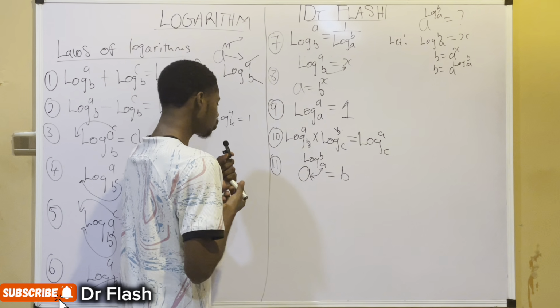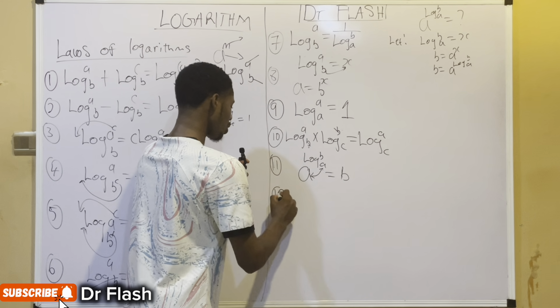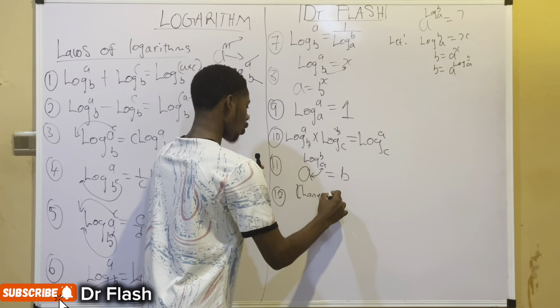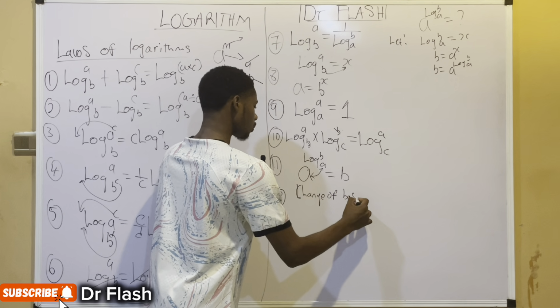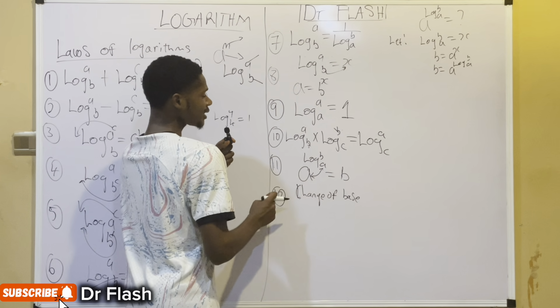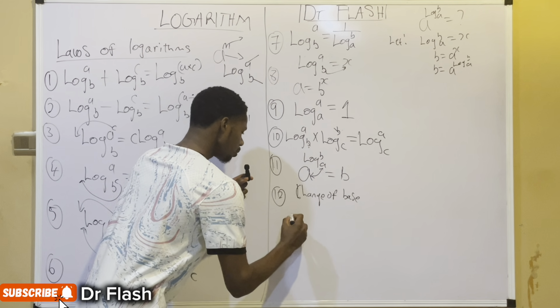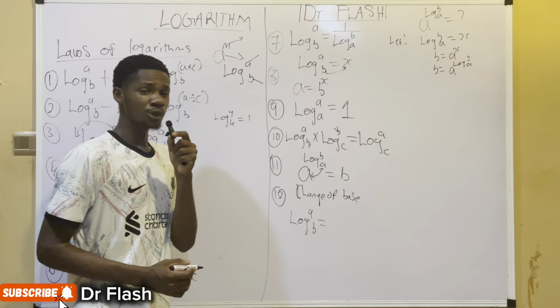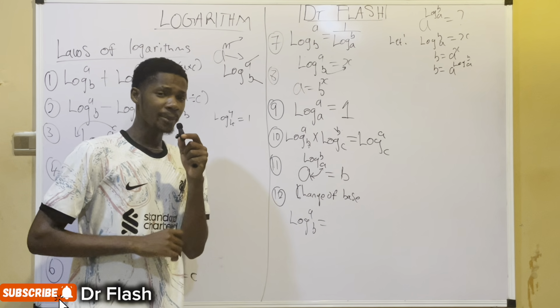Okay, now how do we do that? We're going to call that law 12, the change of base. To apply a change of base, we can simply make use of the rule we are having here. Let's say we're having log A base B. To apply the change of base, we are going to bring in a new arbitrary base.